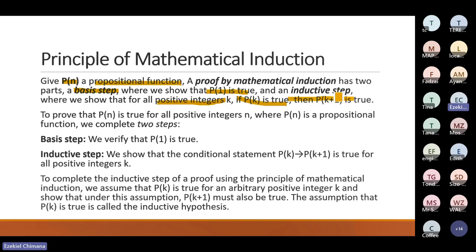And then after that, you give a conclusion.